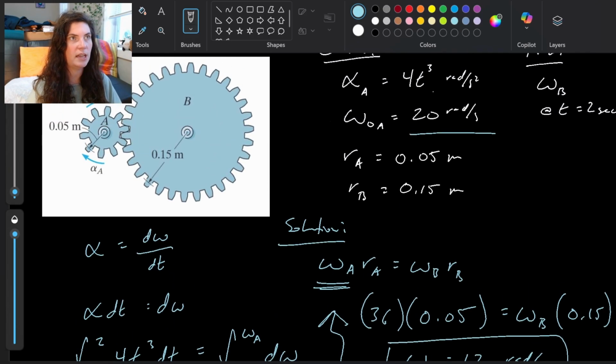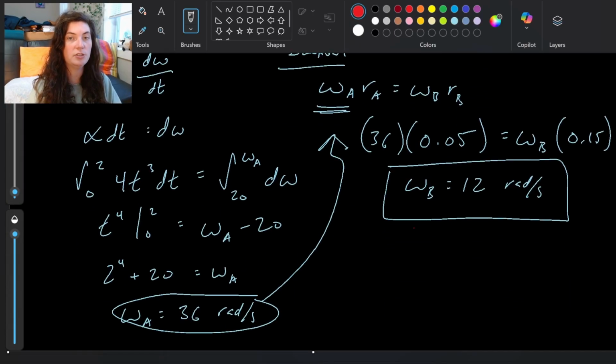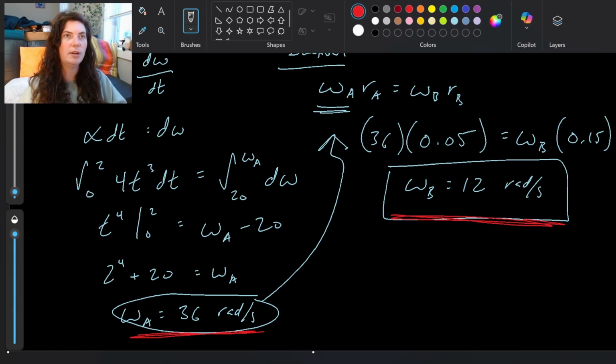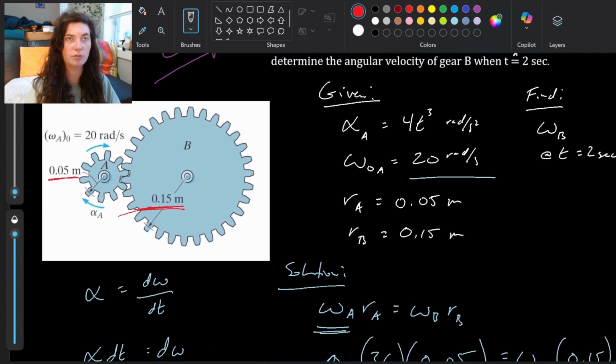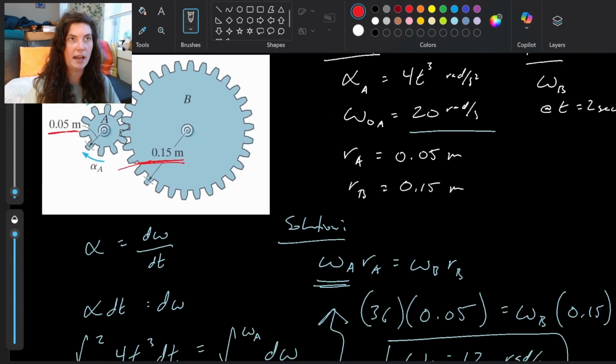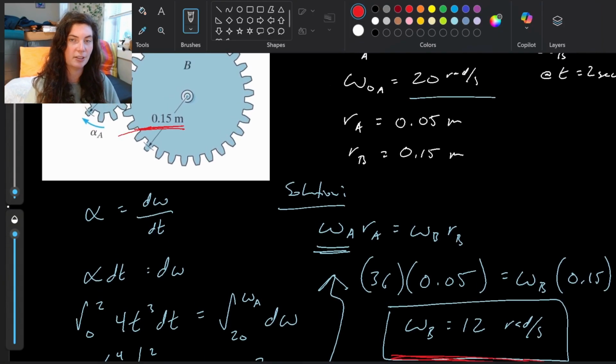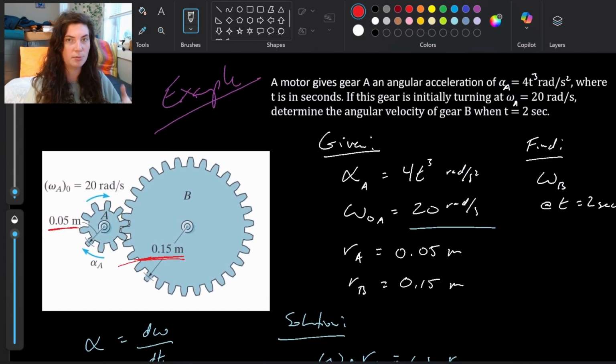So we can see this kind of makes sense. Our gears, if we look at them, A was 0.05 meters in radius, and then B was 0.15, so B is triple the size of A. So when we look at those angular velocities, B is triple the size of A and has 1/3 the angular velocity of A. So those gear ratios are really helpful in figuring out how those velocities and accelerations change from gear to gear, which is going to be very important for any mechanical engineers, for really any mechanics problems where we have motion.